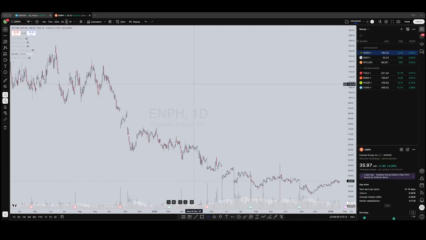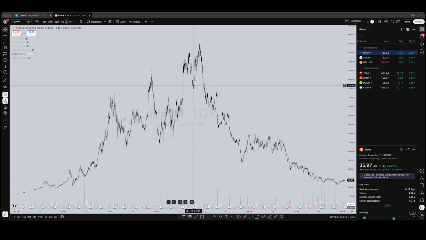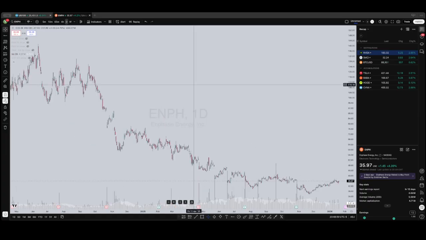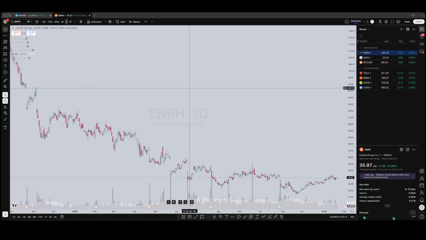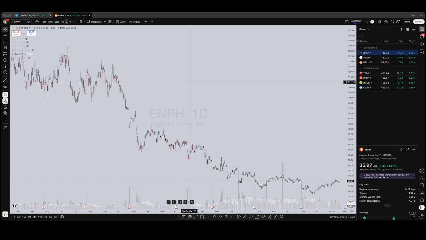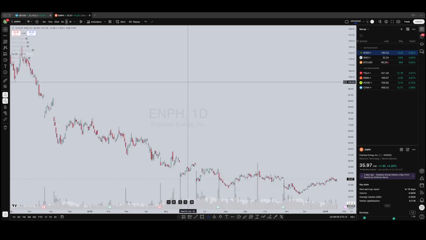And the reason is that names that are very cheap, and names that are hated by everyone, are going to be the names that are entering into accumulations. As we mentioned, accumulations begin when names are most hated, and distributions begin when names are most loved. I want you guys to print that out and stick it somewhere on your desk.